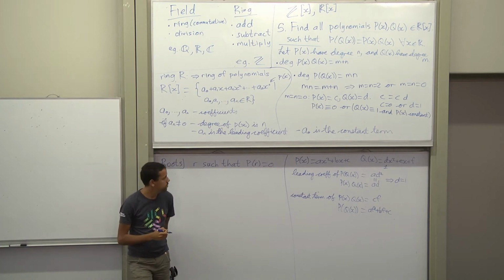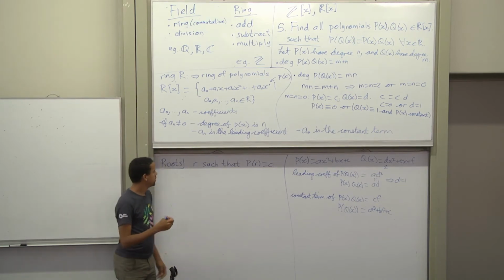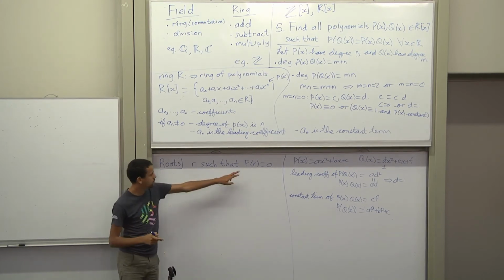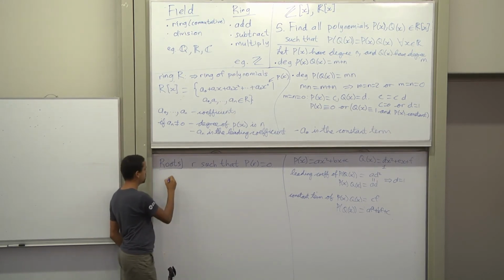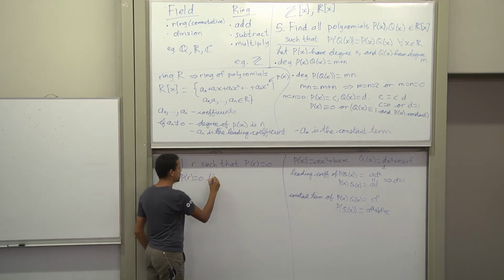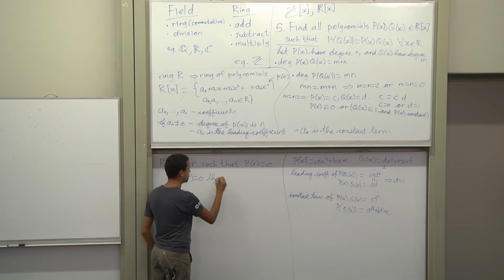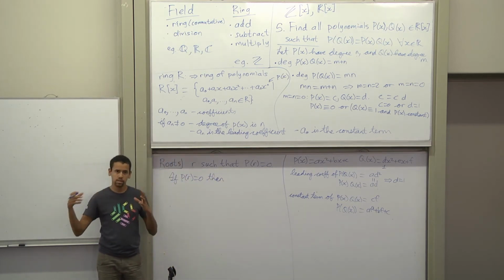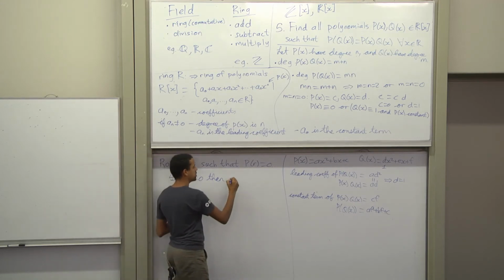First thing to notice is that if r is a root, so if p of r is equal to 0, then you can actually start factorizing the polynomial.